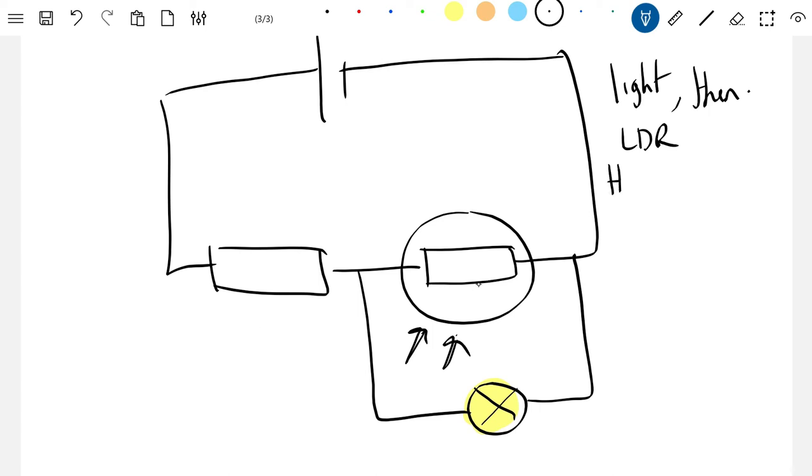So the resistance of the LDR decreases. So this becomes smaller. And if the resistance of that decreases, then the voltage of this becomes smaller, which means that voltage there becomes smaller.